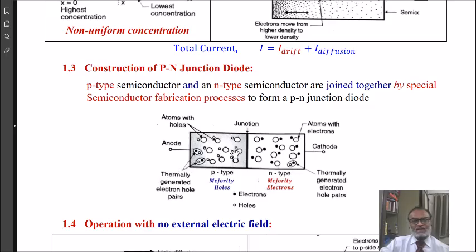Whereas on p side also, in this thermally generated electron-hole pair, the holes contribute to majority charge carriers, and the very few electrons generated remain behind and constitute the minority. So in p-type material, electrons are the minority. The electrons are shown by solid dots and holes are shown by hollow circles.